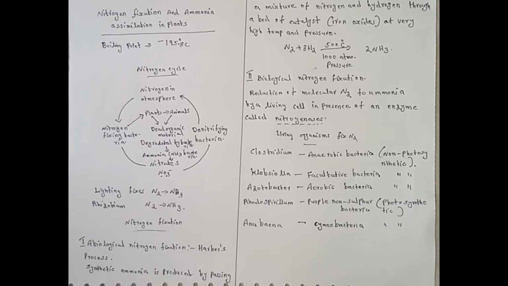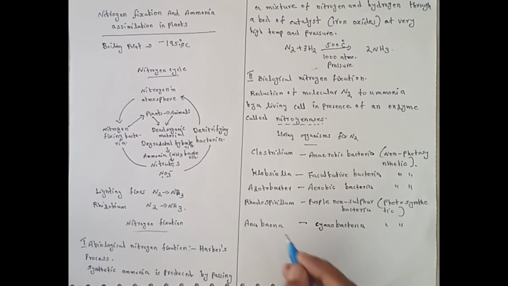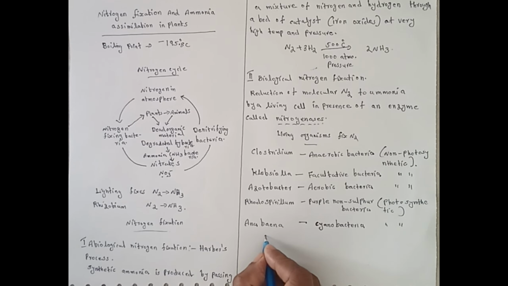Some microbes become associated with other organisms and fix nitrogen. That is known as symbiosis. Here are some examples of symbiosis, with the systems and the names of symbionts.